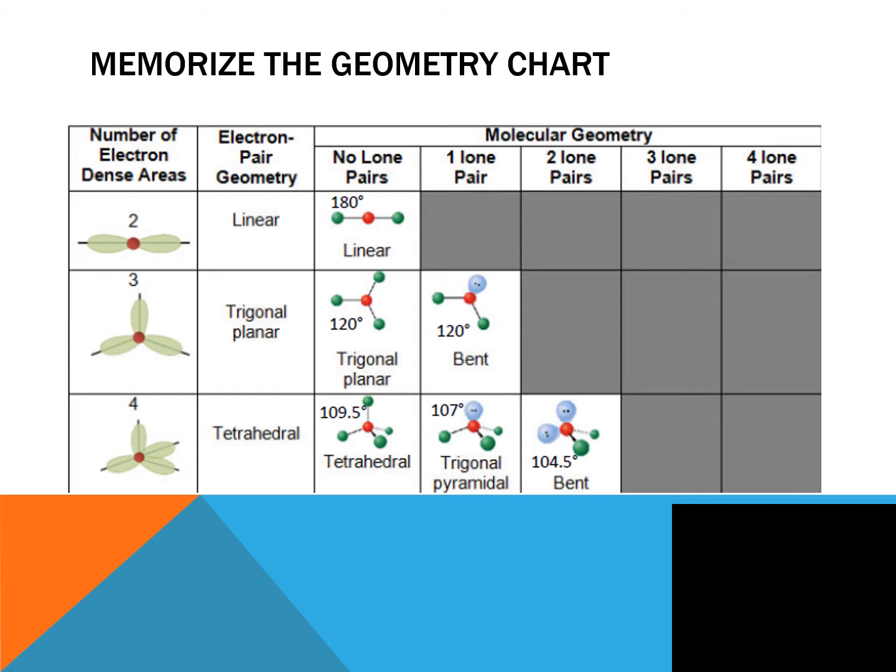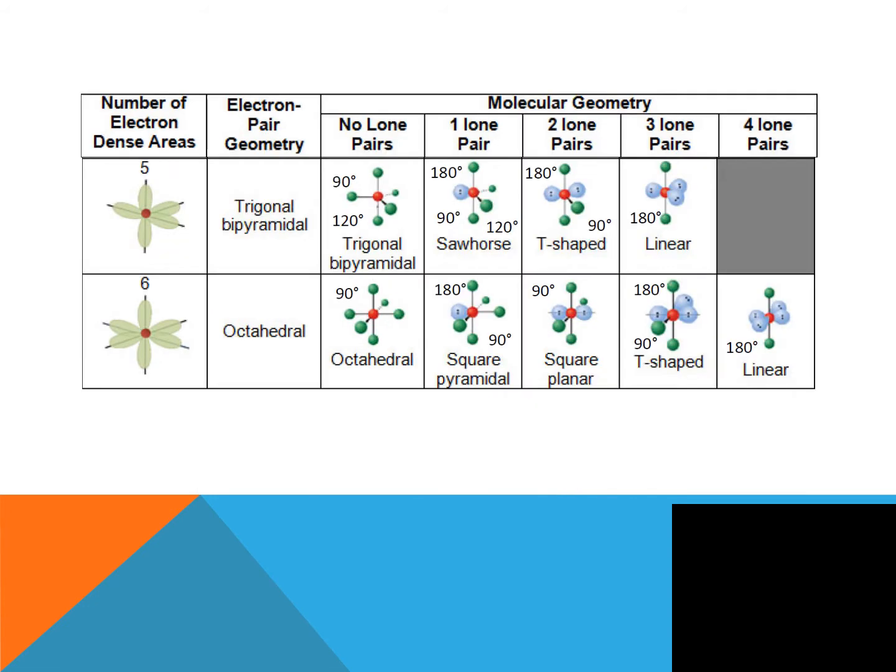So you can see the different shapes that the linear geometry has, the trigonal planar has, the tetrahedral has, and then you can see the bond angles shrinking, for example, between a tetrahedral, trigonal pyramidal, and a bent. And then the other ones are more complicated because there are more atoms. You have the trigonal bipyramidal and the octahedral group.